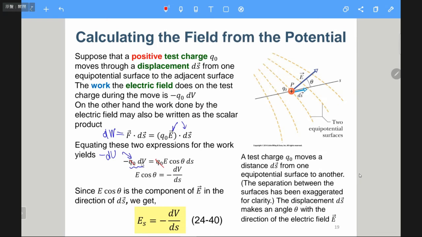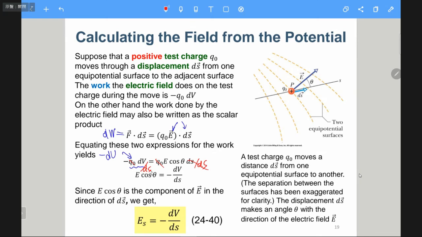We just divide by ds on both sides, so ds and ds cancel. Finally, we have negative dV over ds here, and we also have E cosine theta on the other side. Just swap the left and right. Okay, so we have E cosine theta equals minus dV/ds.